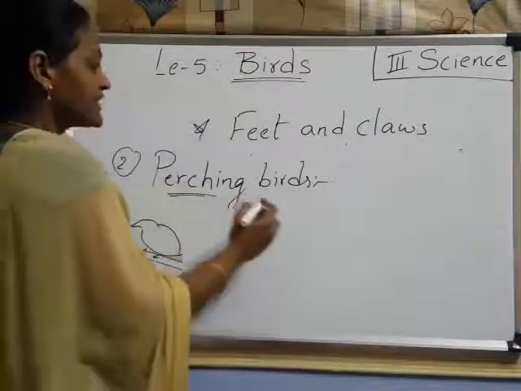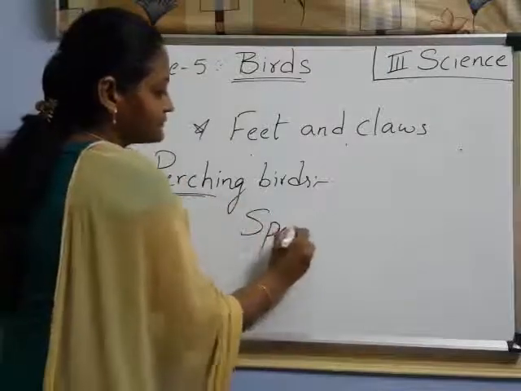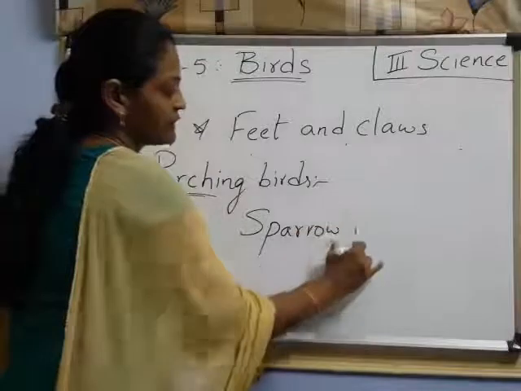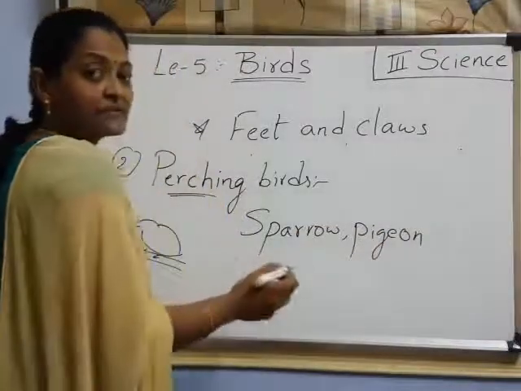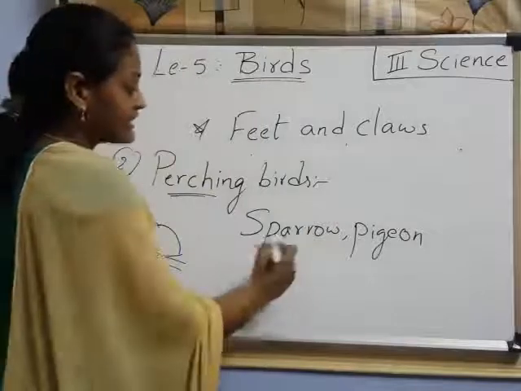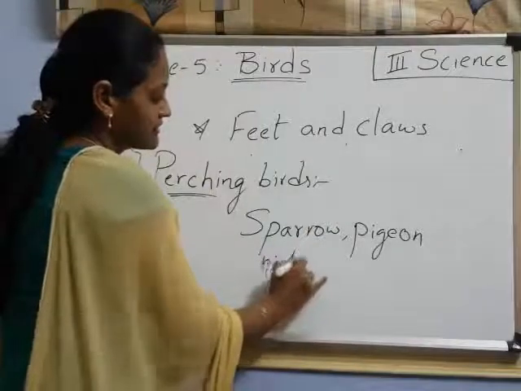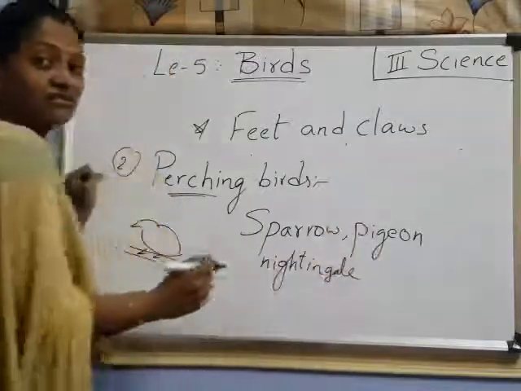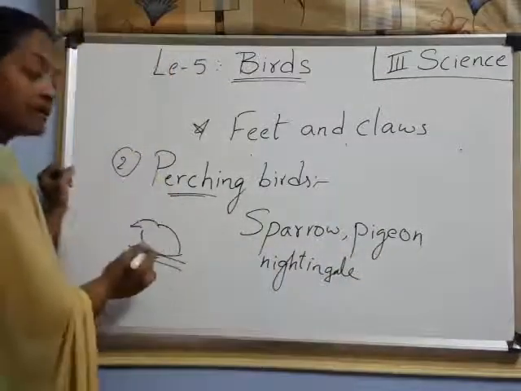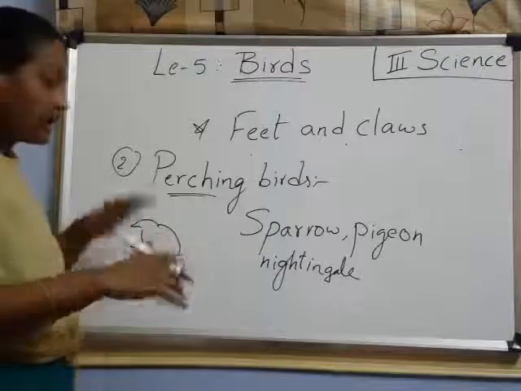Now the perching birds are like the sparrow, the pigeon we are seeing now, and the nightingale. What are these birds doing? They are holding the branches. How about the feet?